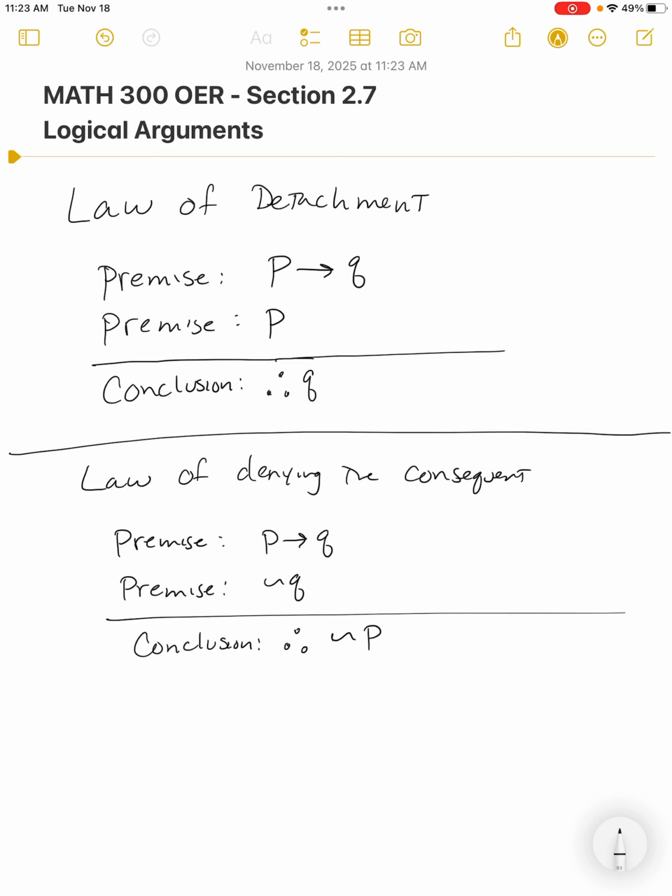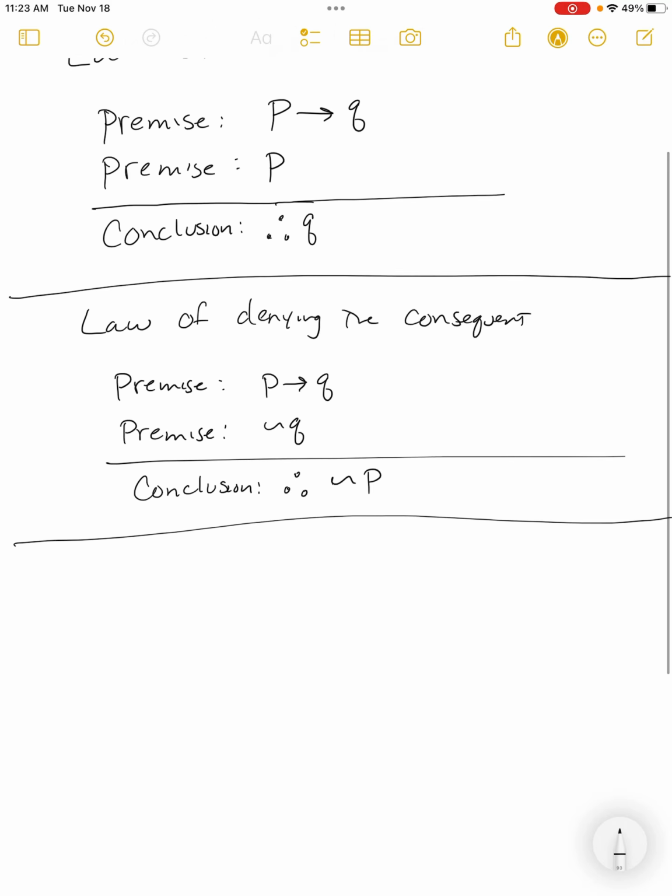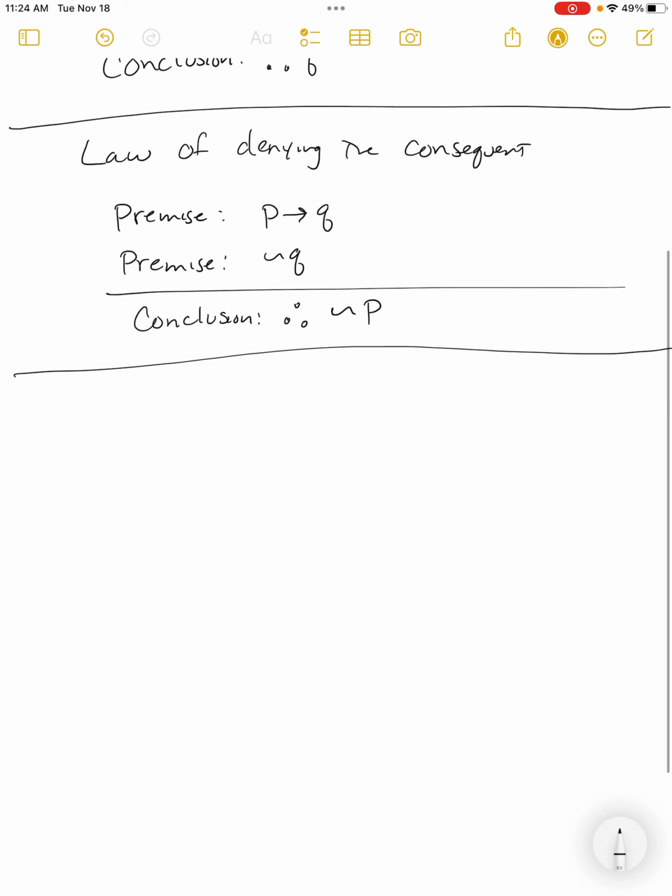So, again, if the first premise, P implies Q, is true, and you realize that the consequent didn't happen, then the initial statement, which they call the hypothesis in our book, didn't happen. Hey, if it's true that if you pay me $100, you'll get an A in the class, and it's also true that you didn't get an A in the class, then you must not have paid me $100.